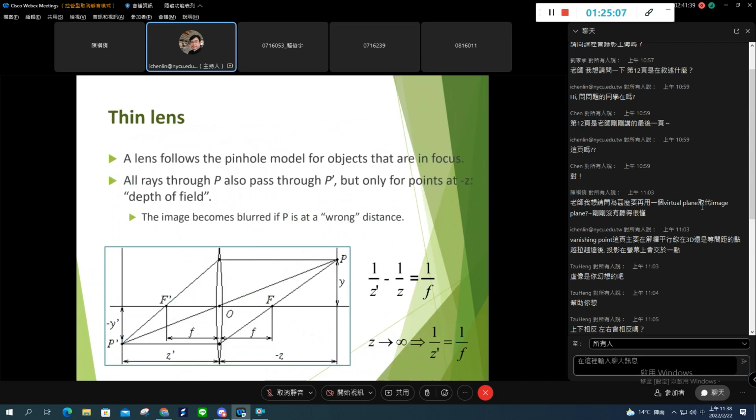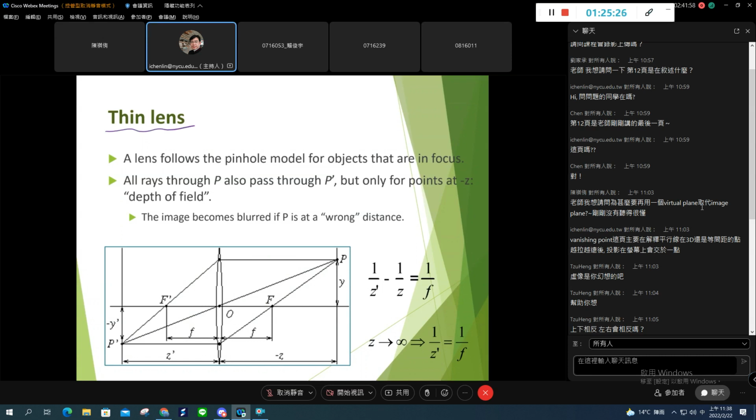And so about the lens, how can we estimate the corresponding projection through some equation? There's a so-called thin lens model.